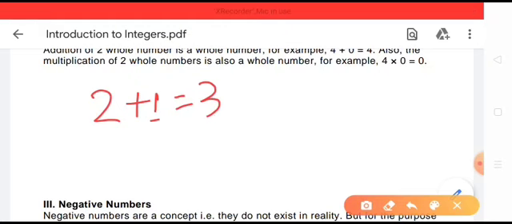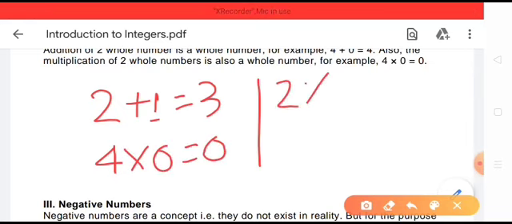Also, the multiplication of whole numbers is a whole number, like 4 into 0 is equal to 0. Also, 2 into 3 is equal to 6. It is a whole number and also a natural number.